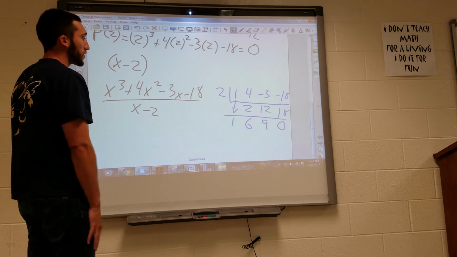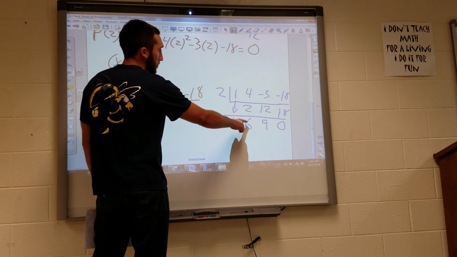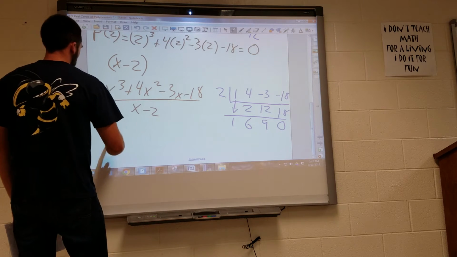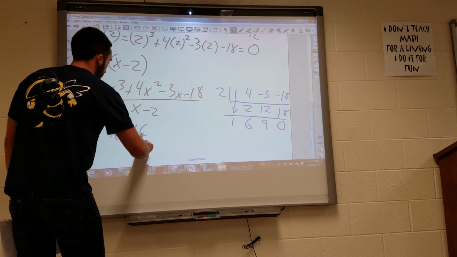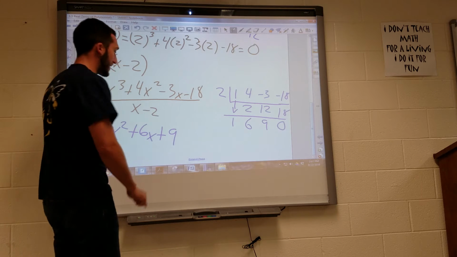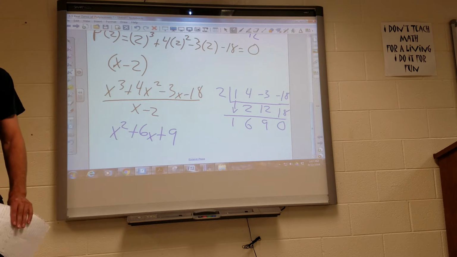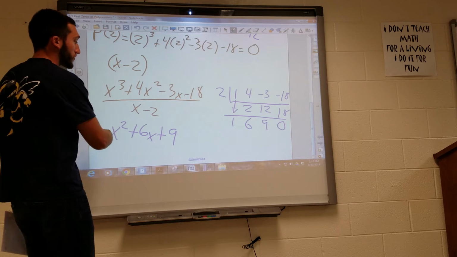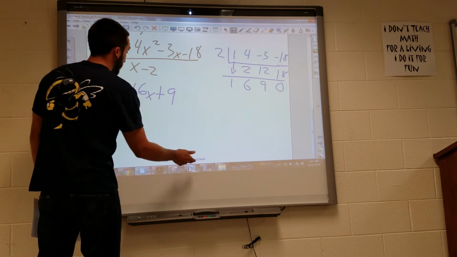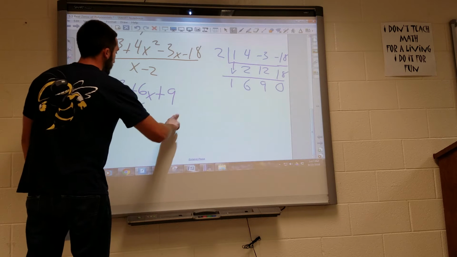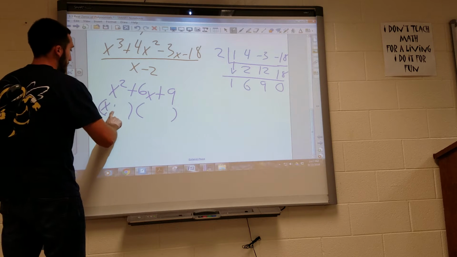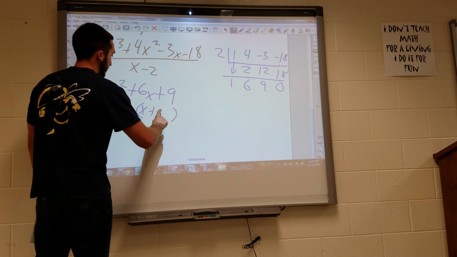And what this leaves me with is x squared plus 6x plus 9, after I divided by the factor x minus 2. So now I'm left with the quadratic, so I can simply factor it, and it factors to x plus 3, x plus 3.